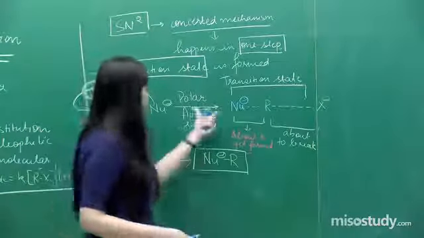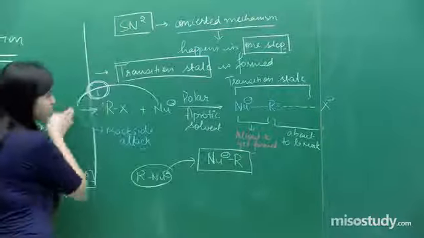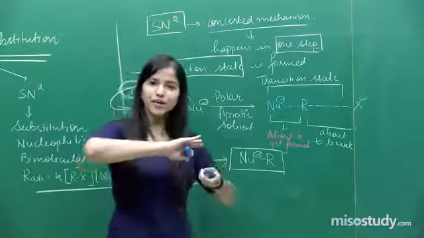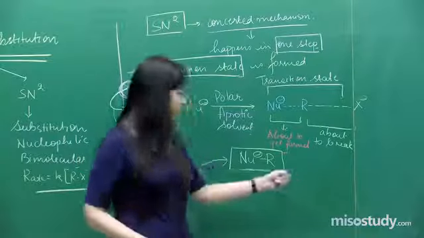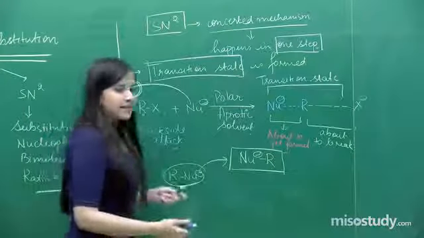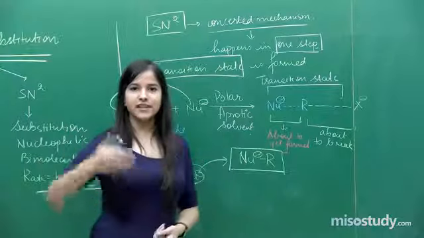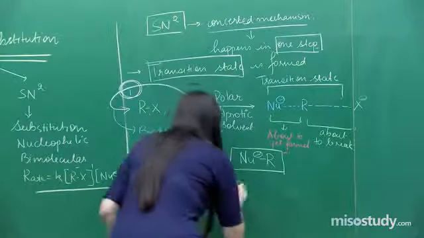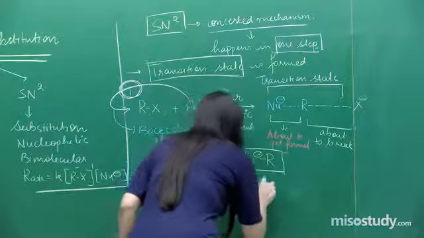That means now the nucleophile has been attached from the back side. Thereby, we got an inverted product. You can see, I am not getting the usual product that I was getting in the SN1, but the inverted one, right? So this is the inverted product that we have got.